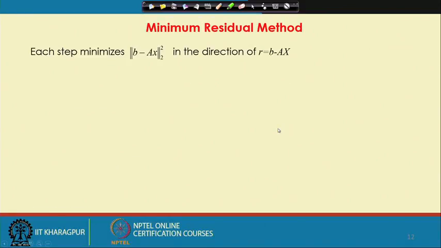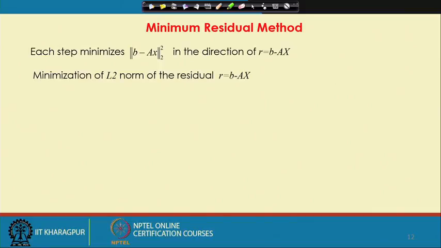Each step in the minimum residual method minimizes the square norm of b minus Ax, and in each direction it changes x in a direction b minus Ax.